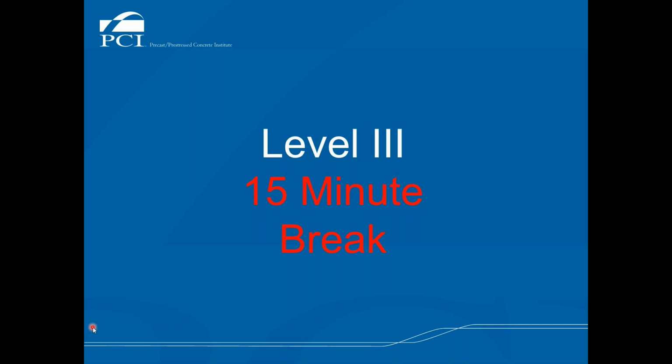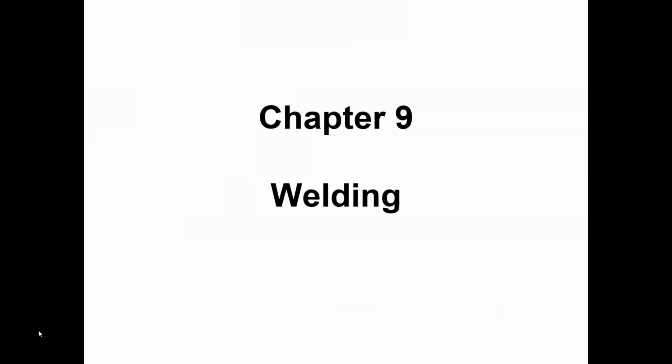Okay, let's move into chapter 9, which will be our last chapter for the class. And this will go pretty quickly. A lot of the information will be a review from level 2 especially, but there will be a lot of new information as well.